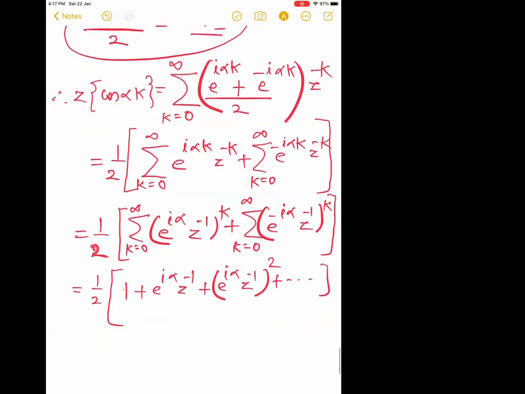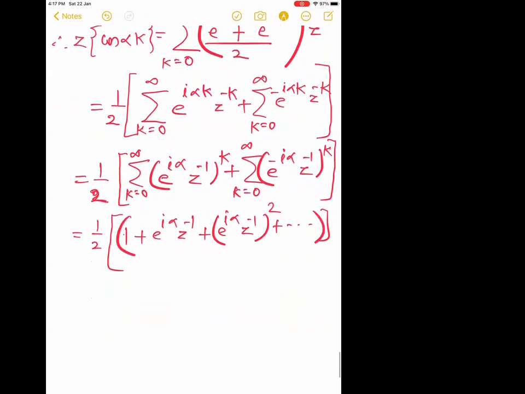First bracket plus second bracket: putting k equal to 0 once again we get 1, plus k equal to 1 gives e raised to minus i alpha z raised to minus 1, then e raised to minus i alpha z raised to minus 1 squared, and so on. That is your second term. And everything outside is 1 by 2.